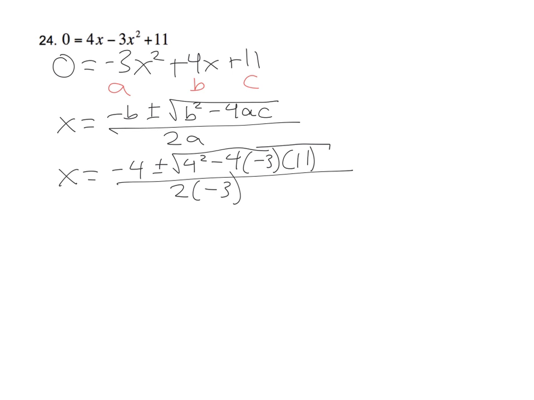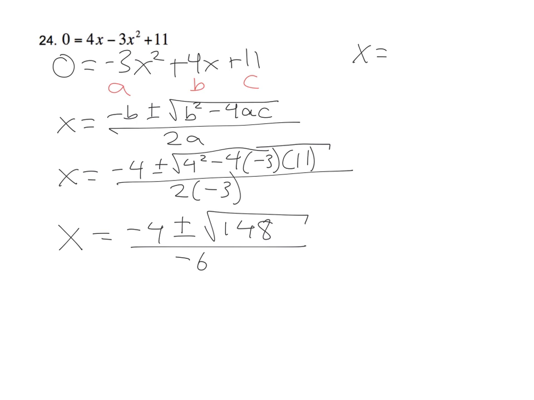I can simplify that top, and I get x equals negative 4 plus or minus the square root of 148 all over negative 6. Splitting that up, I get x equals negative 4 plus the square root of 148 divided by negative 6.